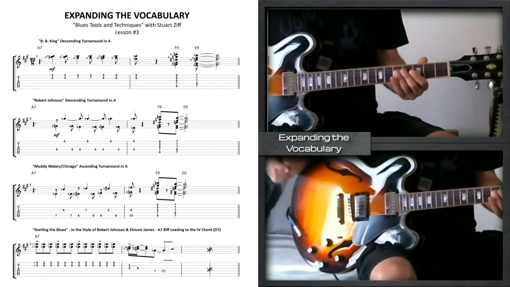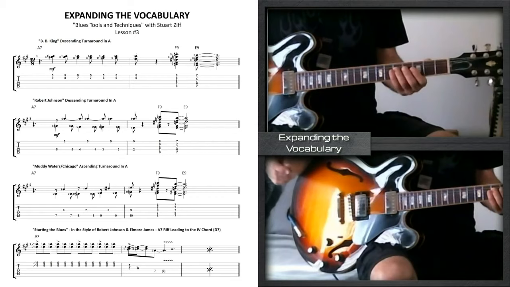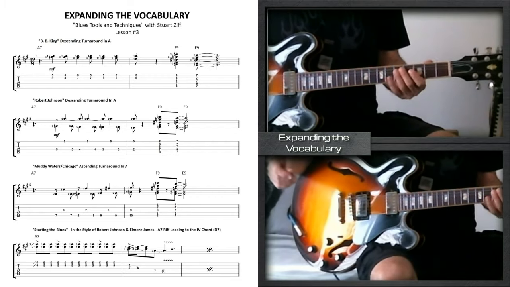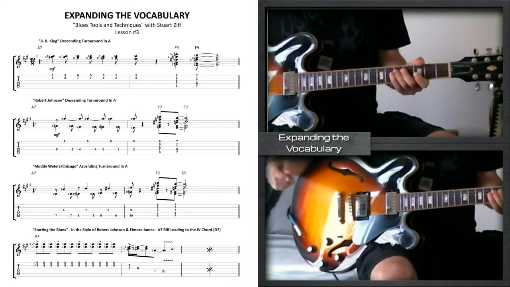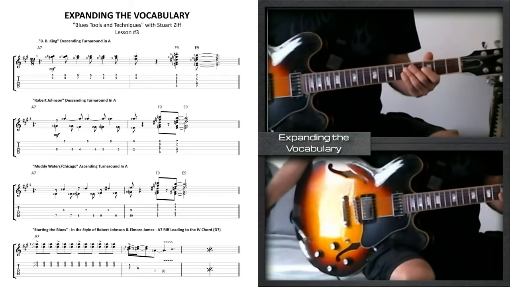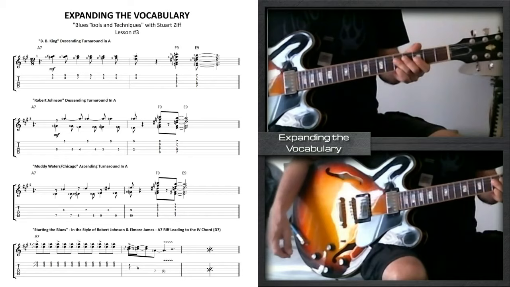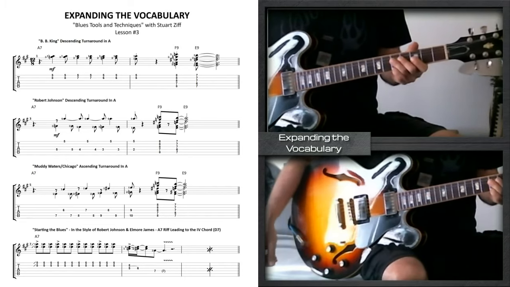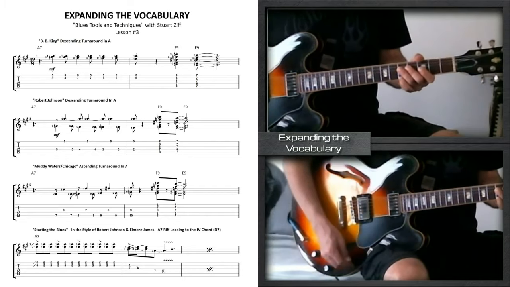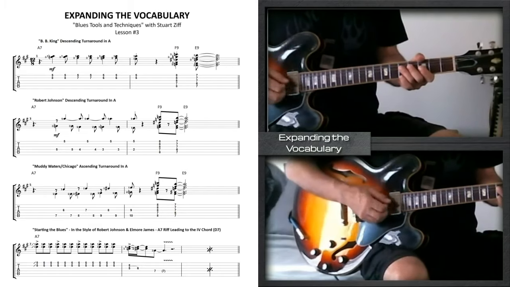So I'm going to use my third finger to do all the walking around like I did on this one. I'm going to put my third finger on the 5th fret, 4th string. Now I'm going to use my pinky to play A at the 5th fret, 1st string.